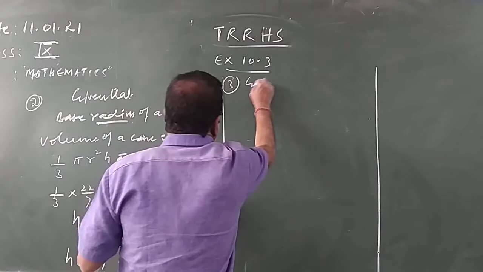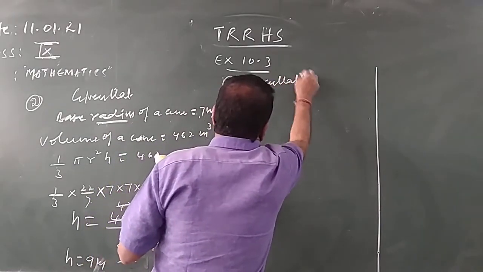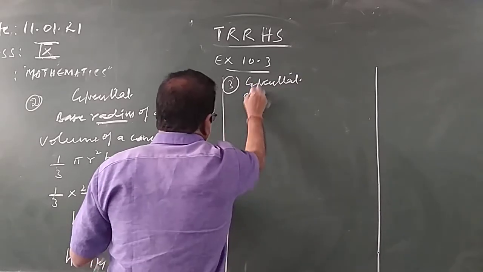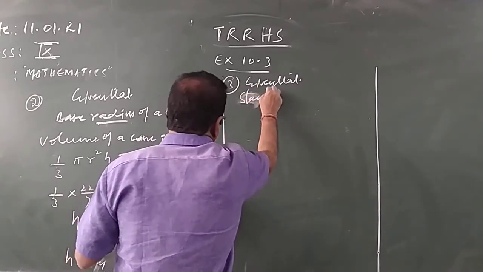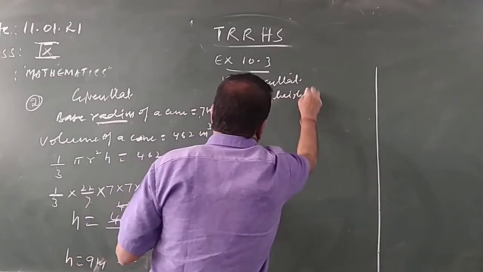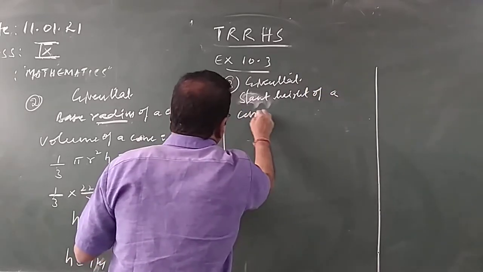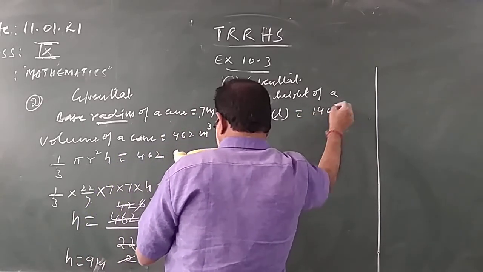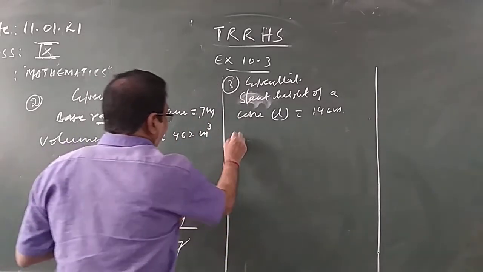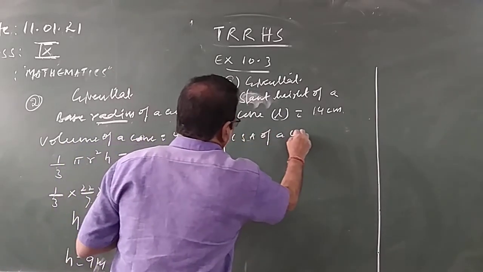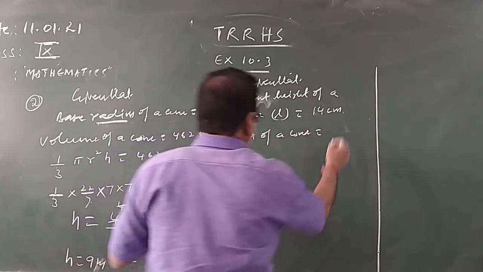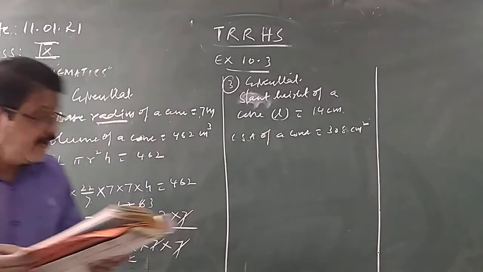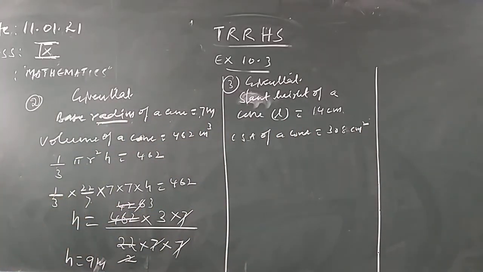Given that slant height of a cone, l, is equal to 14 centimeters, and CSA is given. CSA of a cone is equal to 308 square centimeters. Slant height given, CSA given.